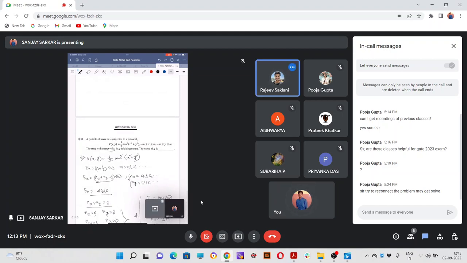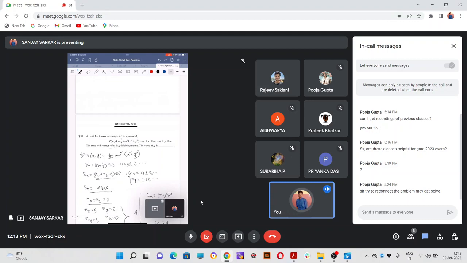V x y equal to half m omega square x square plus y square, and the eigen energy E n is n plus half h bar omega for the 1D harmonic oscillator, and n equal to 0, 1, 2. For the 2D harmonic oscillator, the eigen energy is n x plus n y plus 1 h bar omega, where n x is 0, 1, 2, and n y is also an integer value starting from 0.